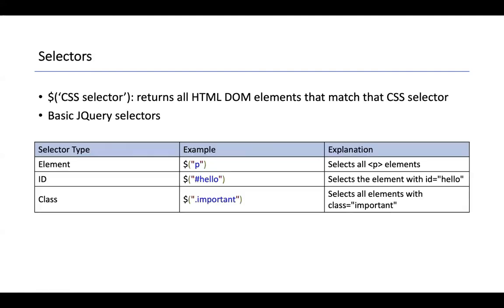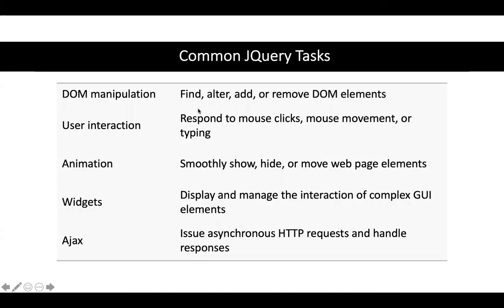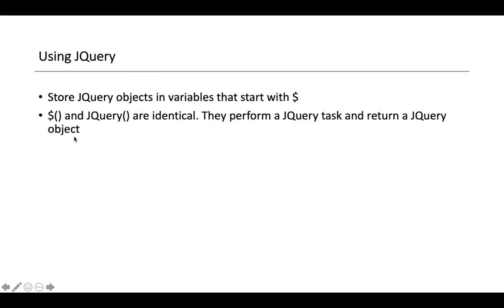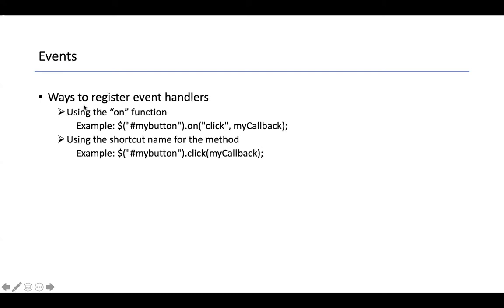Okay, so we've already covered a bit with DOM manipulation. Now that's just with how to select. We haven't yet seen how to alter and remove. But then it made it a little easier to deal with events. So there are two ways you can register events. One is with the on function, in which case you give the name of the HTML event and the callback function.